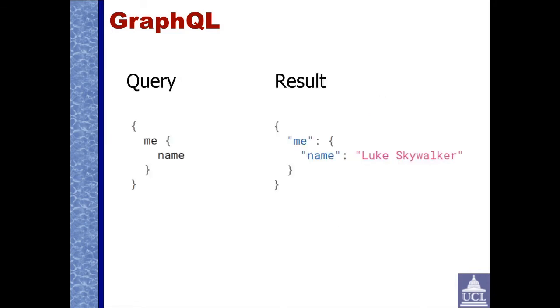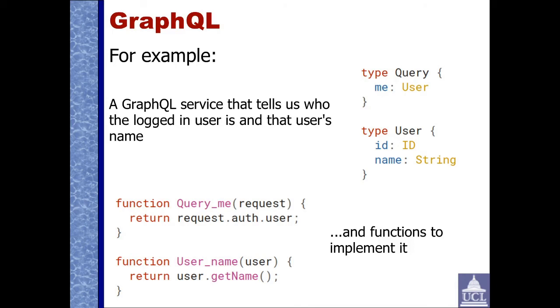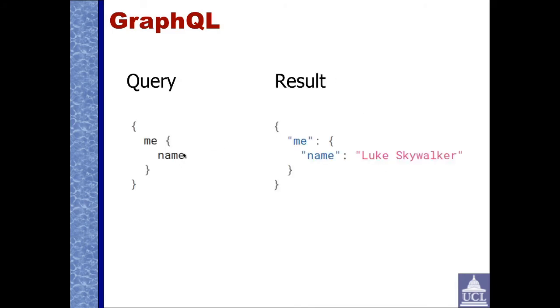So how would you query this? Well, what you do is you build up a query which is all in these nested brackets, and to query that very simple GraphQL schema which I've shown here, all you would do is say, give me the name associated with the me field.